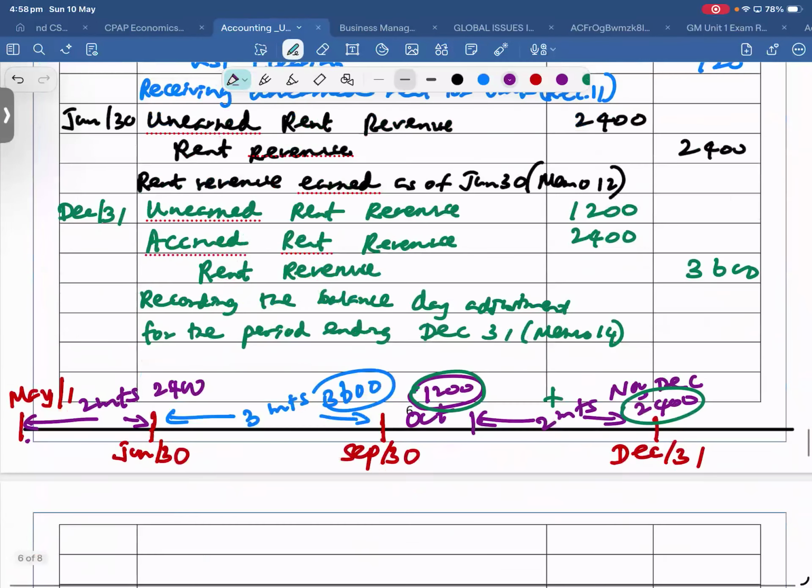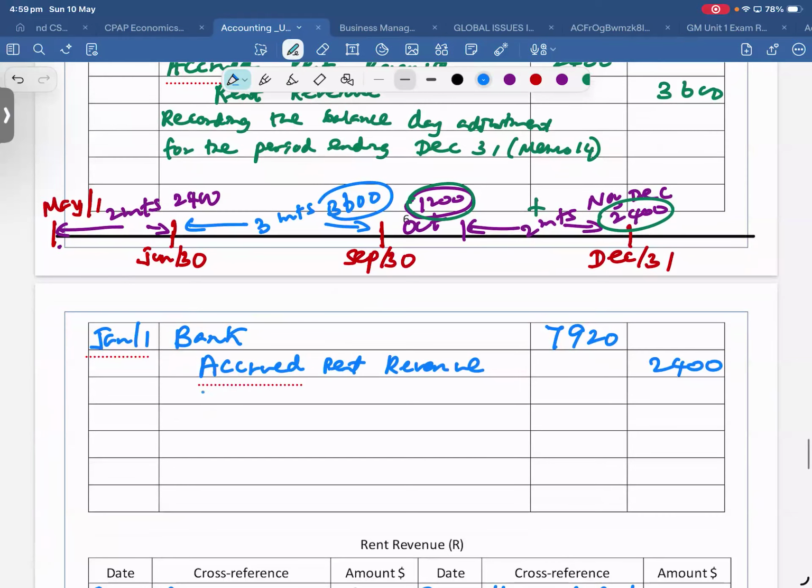We are crediting accrued rent revenue 2,400, as it decreases, then unearned rent revenue, a liability, is increasing, 4,800, 4 months rent, and then GST clearing 720.